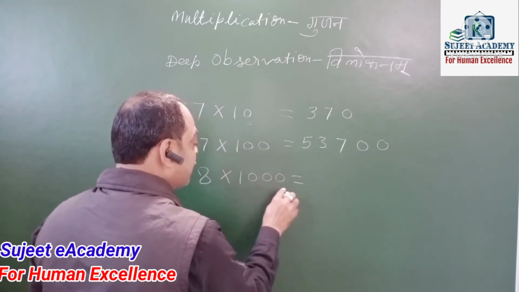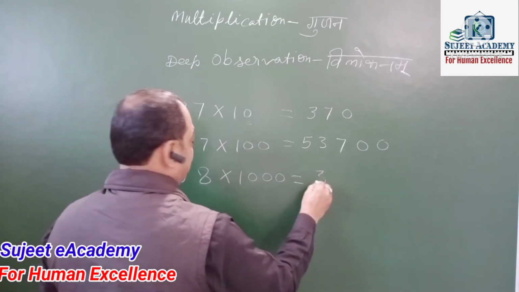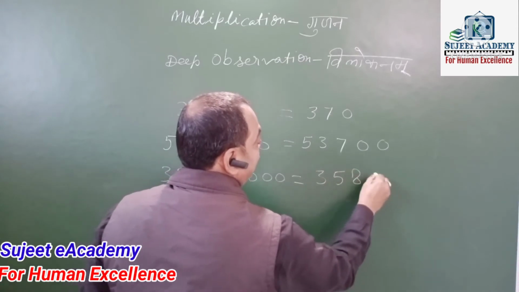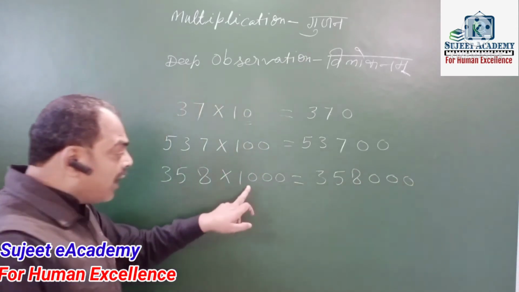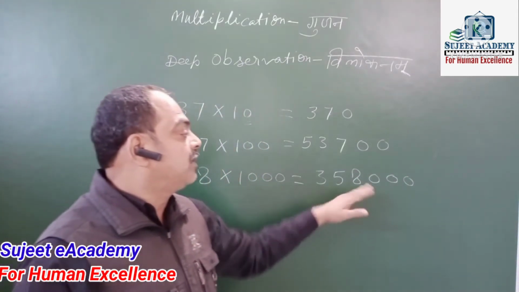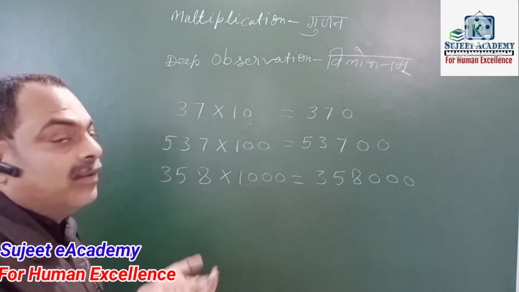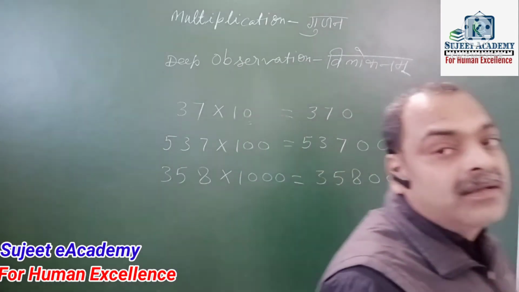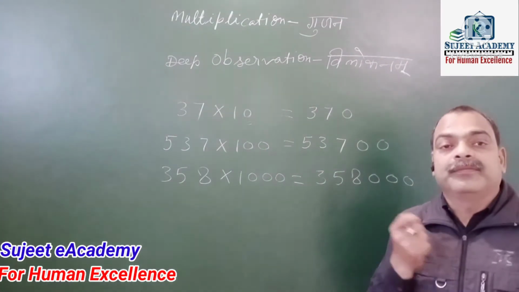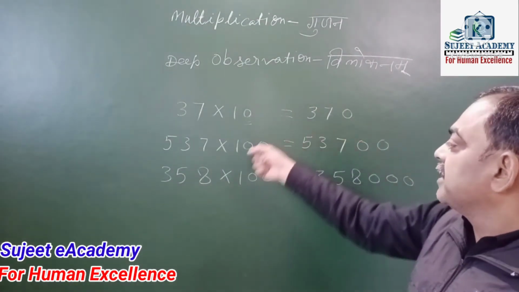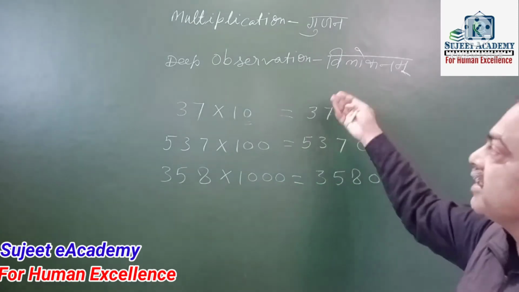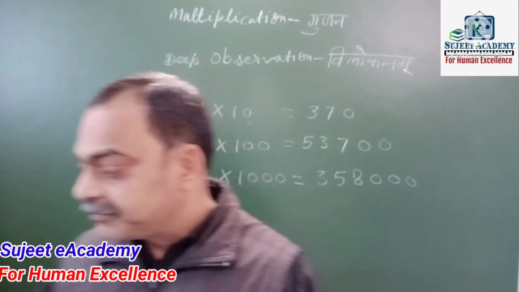You put 3 zeros in this number: 358 and 3 zeros. The number of zeros is put after the last digit of the number. This one is one method, with some examples by deep observation or Vilokanam.